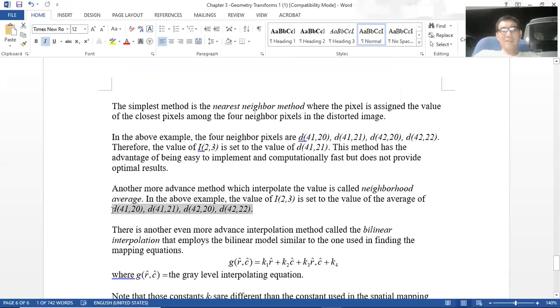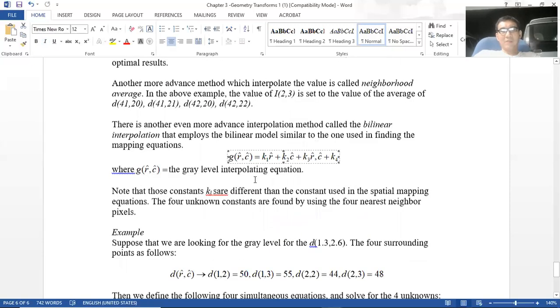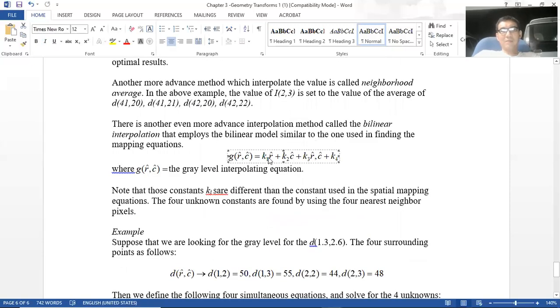All right. Another, the most sophisticated, the one that will come up in your exam, is the bilinear interpolation, where we make use of this bilinear interpolation equation. So to do that, you need to solve for K1, K2, K3, and K4.